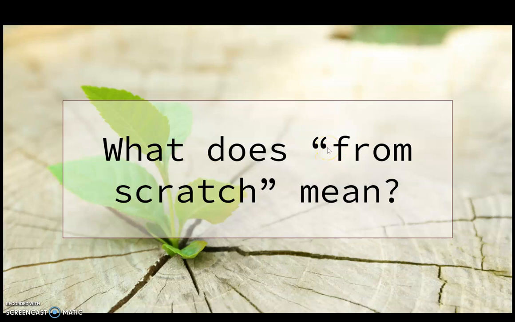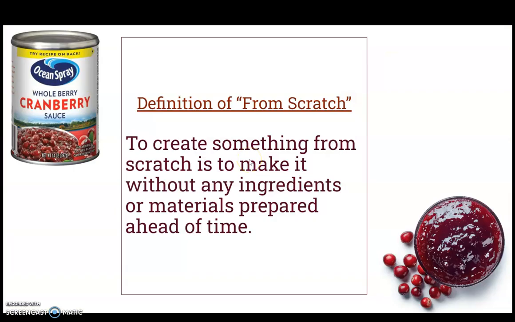This means literally putting aside your original draft, opening a new file, taking out a fresh sheet of paper, and starting over without looking at it. But let's talk a little more about what this whole from scratch idea means. When we make something from scratch, we create something without any ingredients or materials prepared ahead of time.